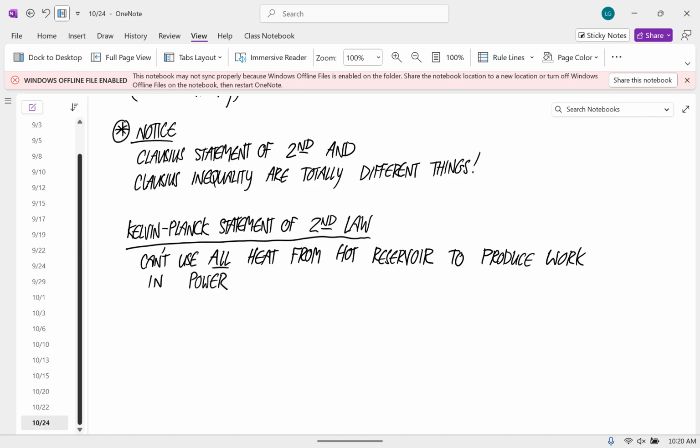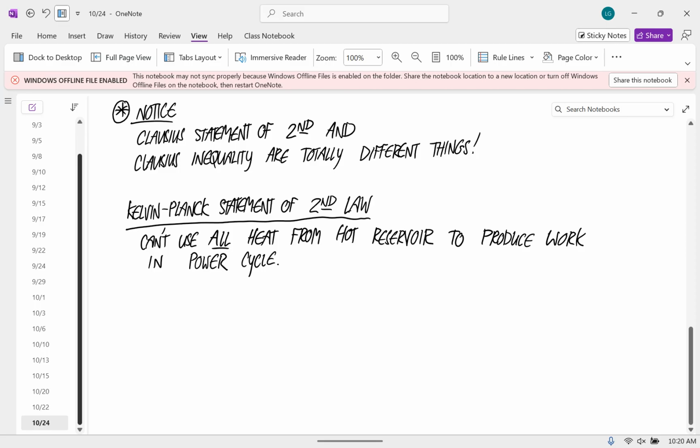Some of that heat that you gain has to be wasted, and there's just no way around it. It's a thermodynamic law, and we're going to use this.